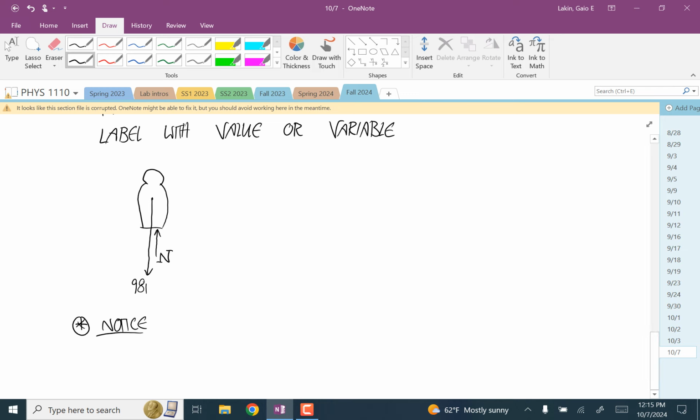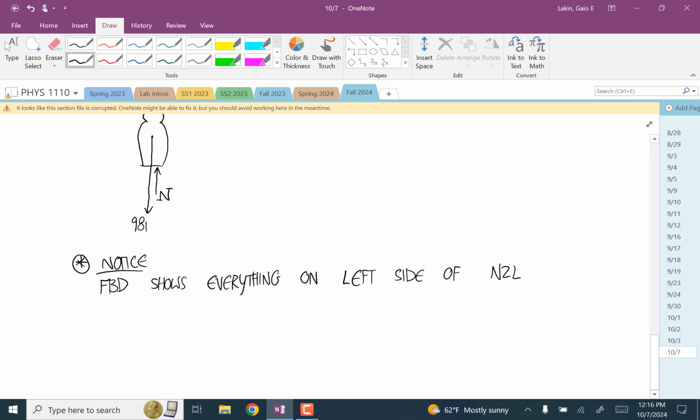So what that means is that your free body diagram shows everything that goes into the left side of Newton's second law. Remember, Newton's second law says F net is equal to the mass times the acceleration of the object's center of mass. So the free body diagram shows all of these forces that you add up to get F net.